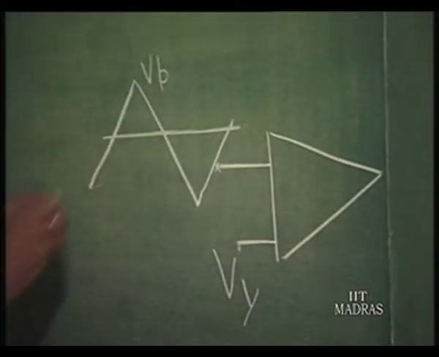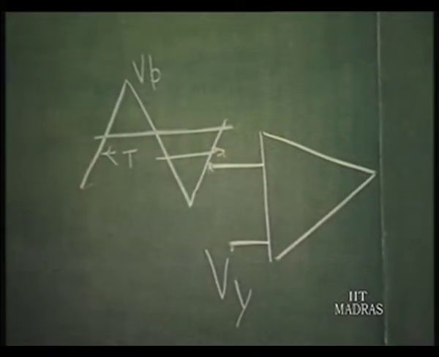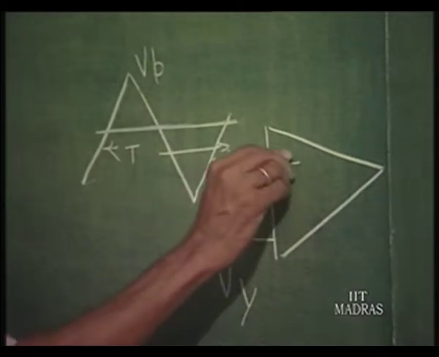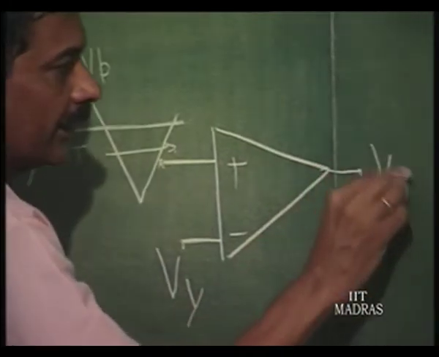The triangular waveform should have a period of T and a peak voltage of Vp, and use a comparator here, and this should be the controlling voltage for the switch.